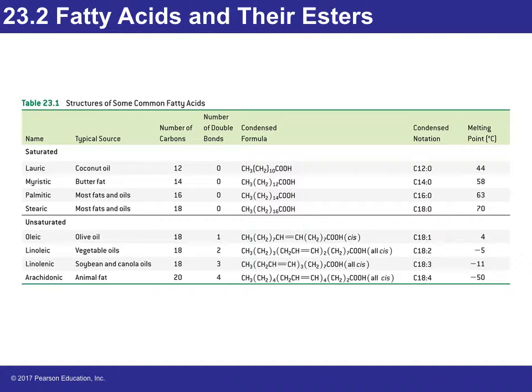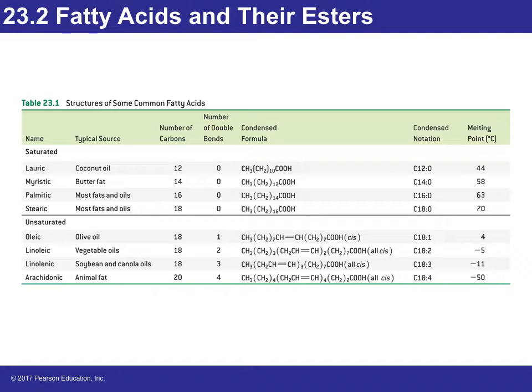You go down, unsaturated, oleic, olive oil, C18:1. That means you have 18 carbon atoms and one double bond. Go down to the arachidonic acid that you find here, C20:4, four double bonds exist.